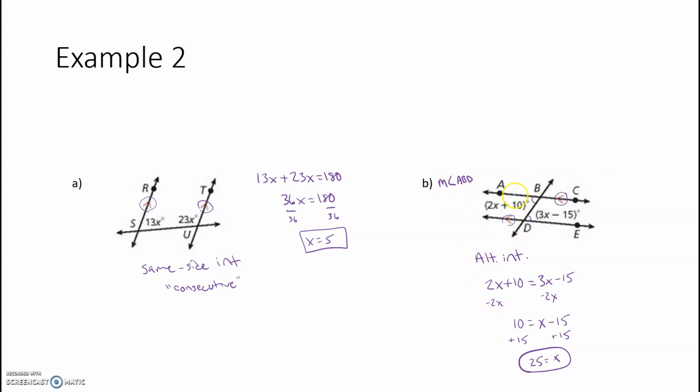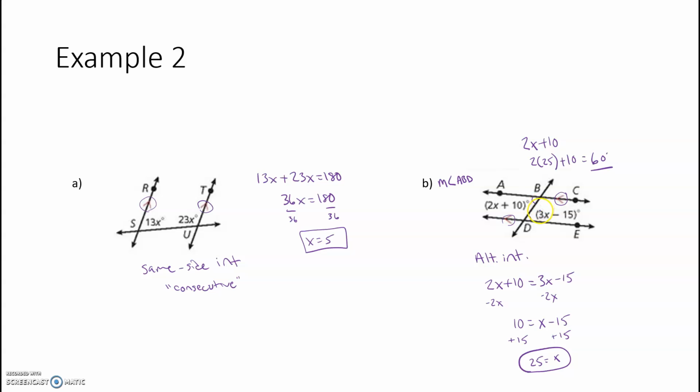The only other step you would have to do is 2x plus 10, right? You would say 2 times 25 is 50 plus 10 is 60. So it's a 60-degree angle. That's the only difference: I stopped at x here, but in your work today you're going to have to continue on and plug it in to whatever they ask for.